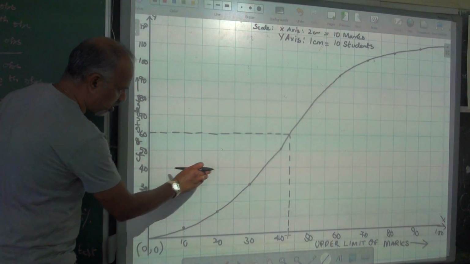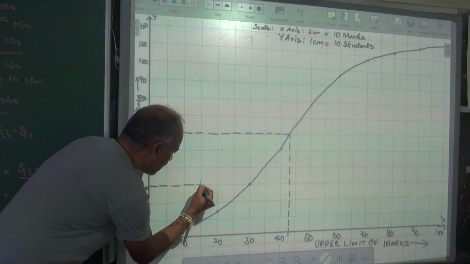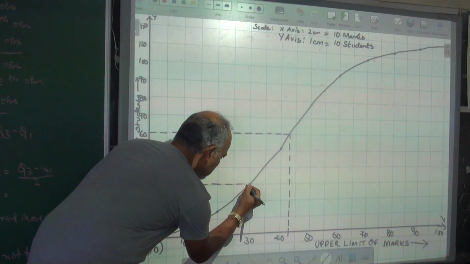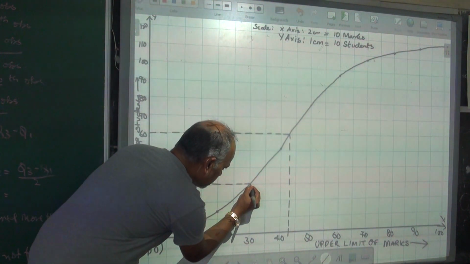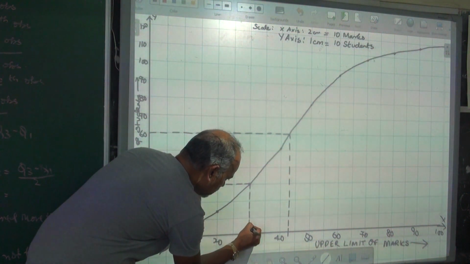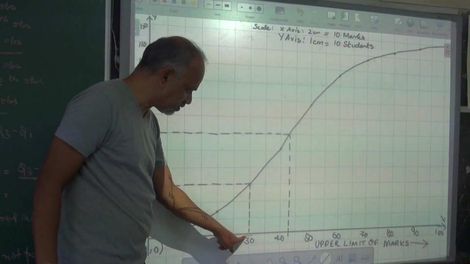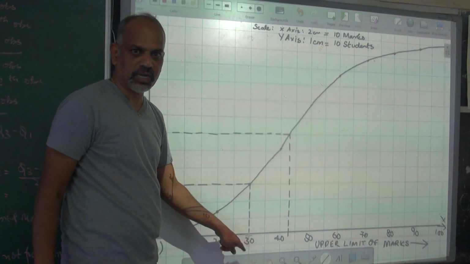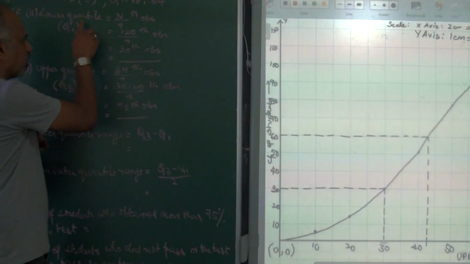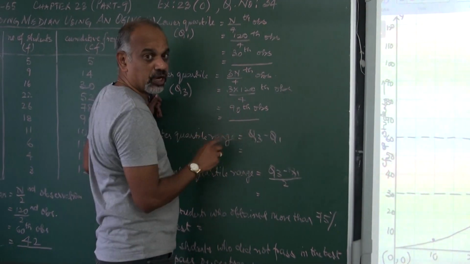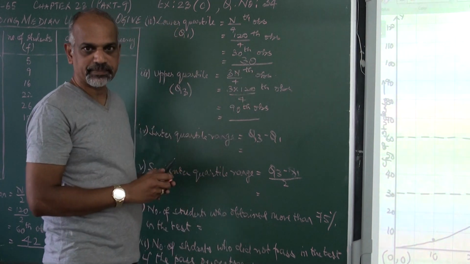From here, draw a horizontal line to meet the curve, and from there drop a perpendicular line. It will exactly go to 30. So this value 30 is your lower quartile value. Let's write down the answer: lower quartile, the 30th observation went to 30. So lower quartile is 30.